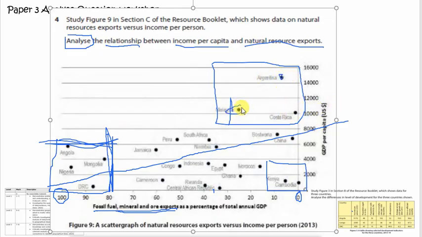Malaysia, what is it doing to make its GDP per capita quite high compared to the other countries? Maybe it's earning its GDP through financial services and the tertiary and quaternary sectors. Costa Rica, bananas and coffee rather than fossil fuels, minerals and ores.